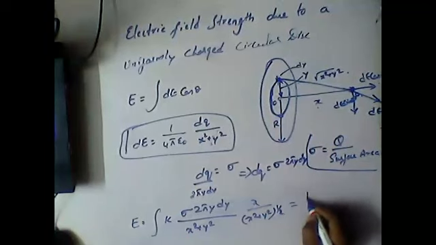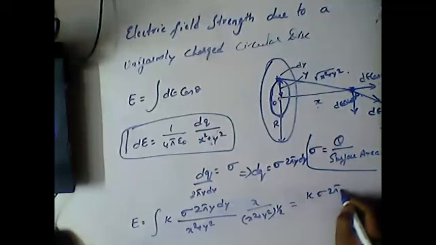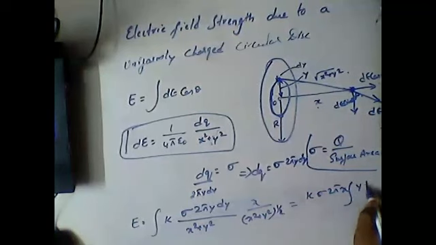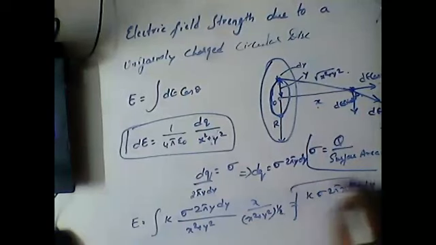So I can write k sigma 2 pi x, all constants, outside the integration of y dy by x square plus y square whole power 3 by 2. This is the final expression. Upon integrating this term, we get the electric field due to a circular disk.